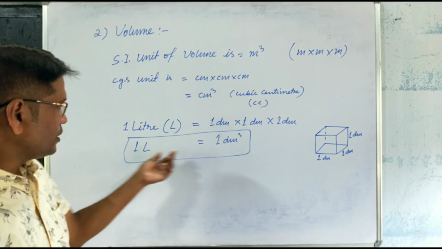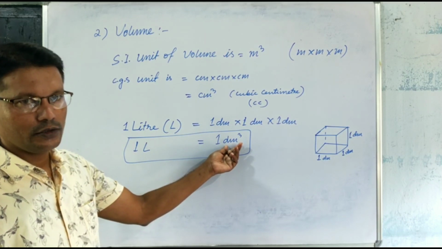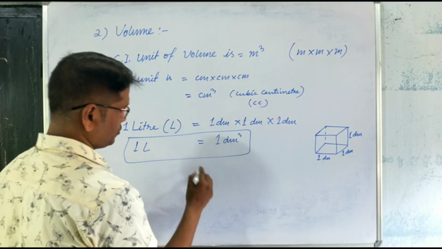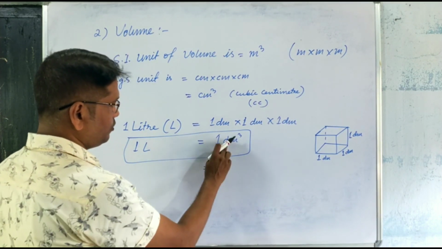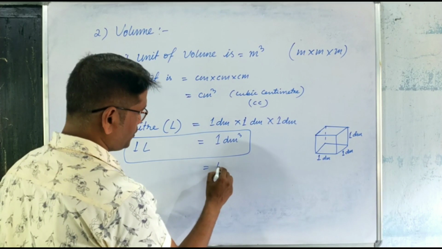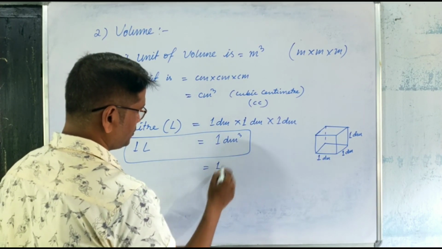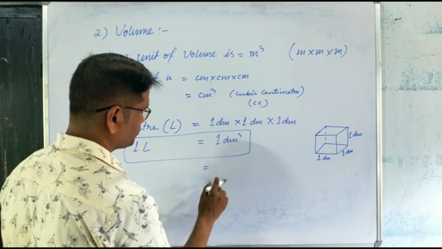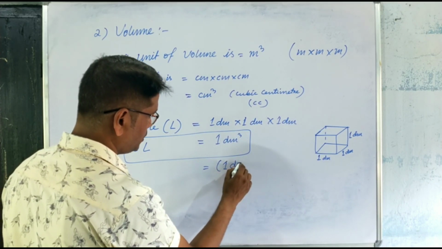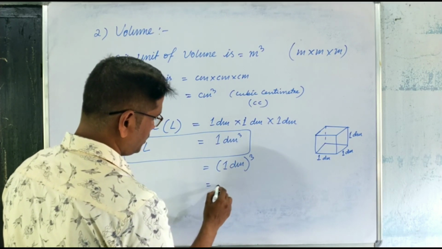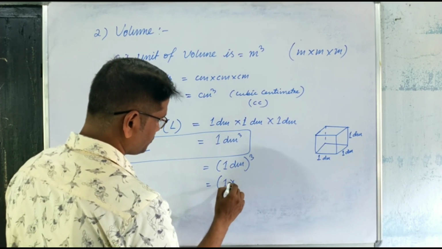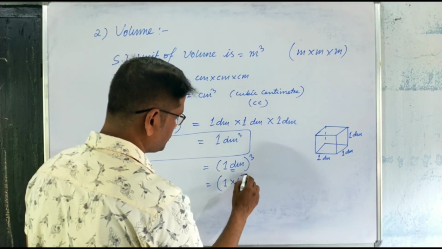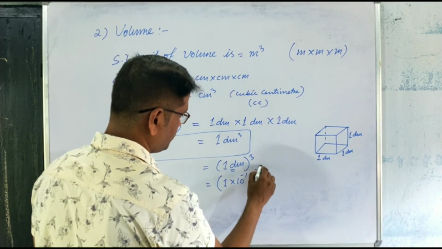You can convert 1 liter in meter cube also. But how? Deci implies, actually 1 decimeter means 1 decimeter whole cube. So deci means 10 to the power minus 1 meter whole cube.